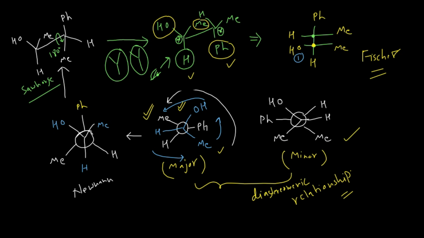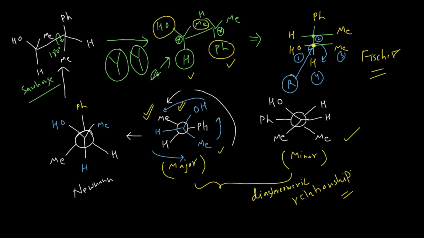You can go there and learn from there as well. But I am telling you, this has priority number 1. The above carbon will have priority number 2. This is priority number 3. This is priority number 4. So four priorities are there, and you are moving from the highest priority to the lowest priority, and by doing this you are moving in the clockwise direction. That means this chiral carbon has R configuration.